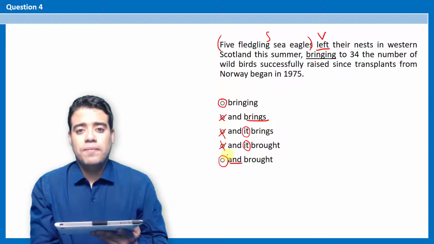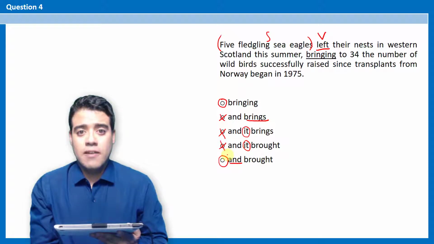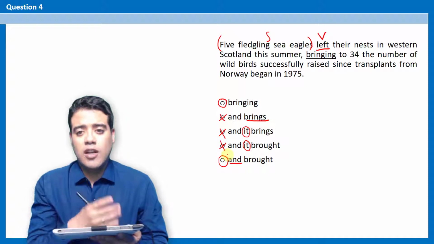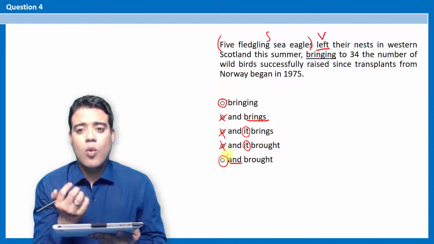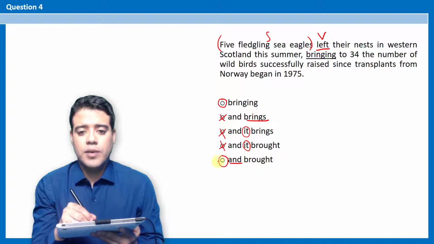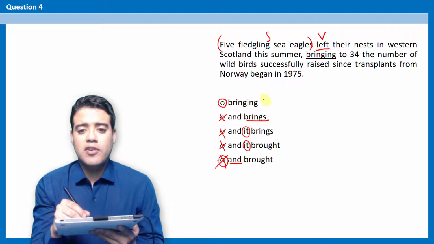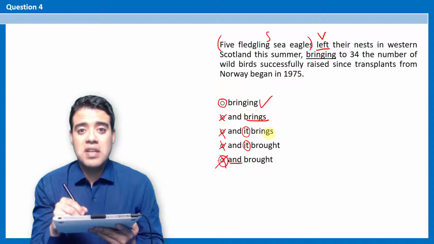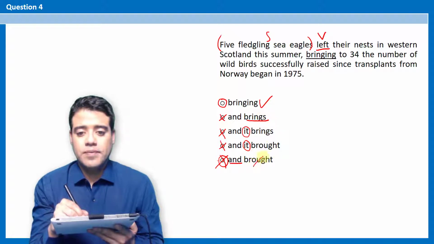But be careful. The eagles did not bring anything. It was the action of leaving their nests that brought to 34 the number of wild birds. Okay, so we keep the original sentence. There's nothing wrong with that. Avoid changing the meaning to something like E.